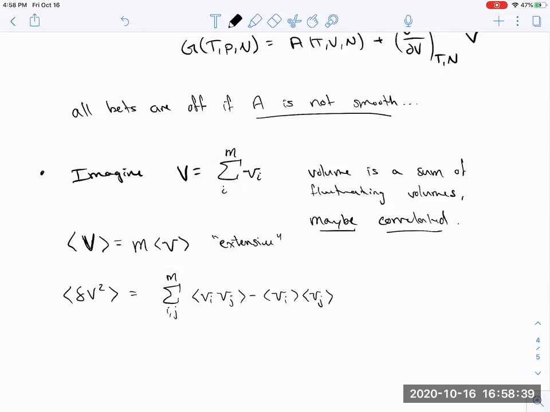That's just introducing V as a sum, squaring it, and subtracting out its average squared. That sum has how many terms? Well, i runs from 1 to M, and j runs from 1 to M. So there are M squared terms.